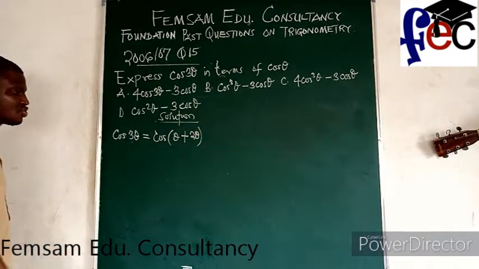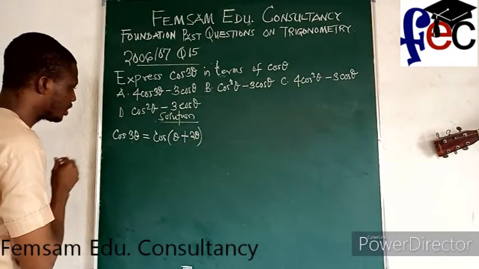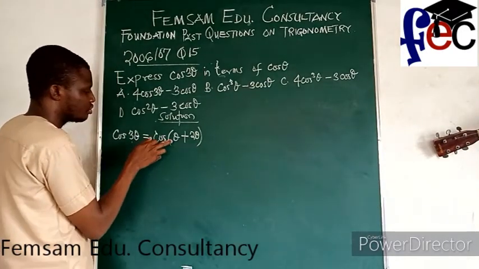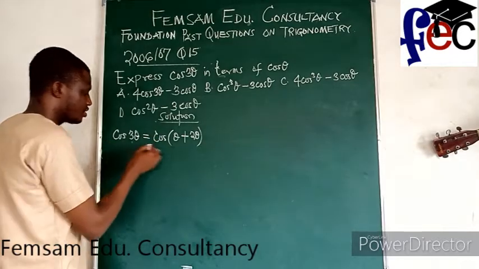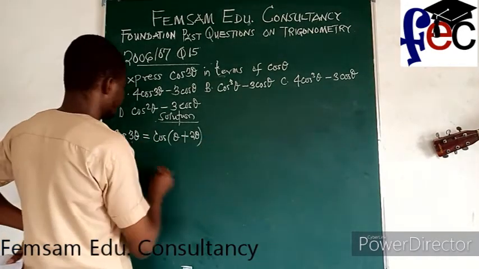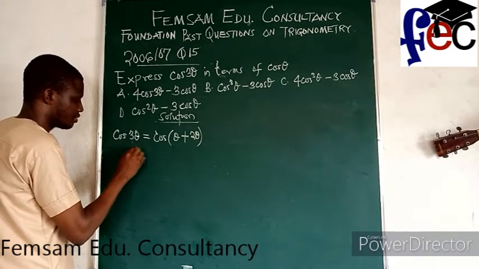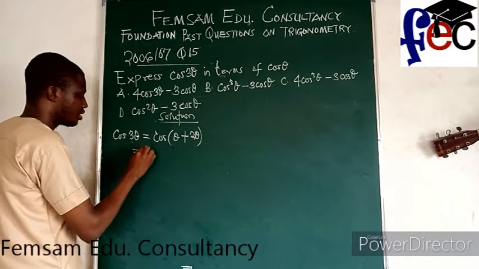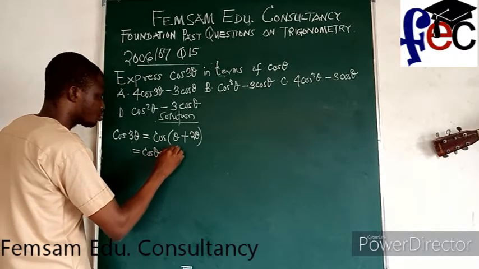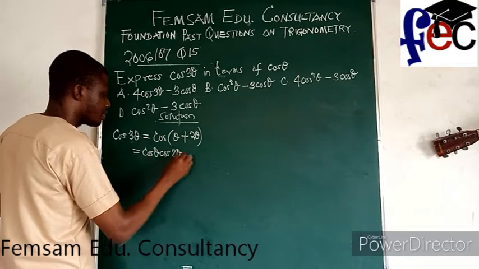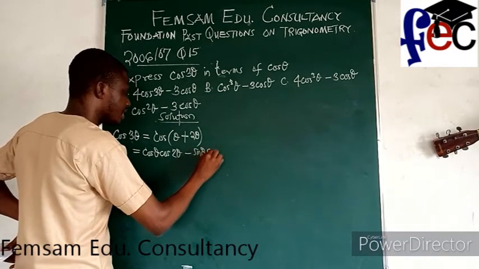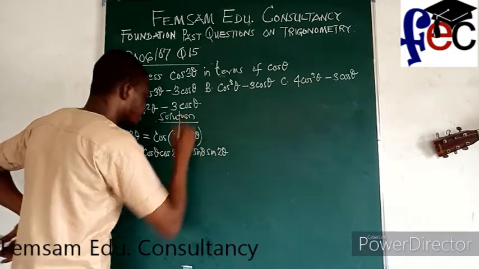I can write it this way. Our duty now is to use the addition formula to rewrite this. So this will give us cos theta cos 2 theta minus sin theta sin 2 theta.